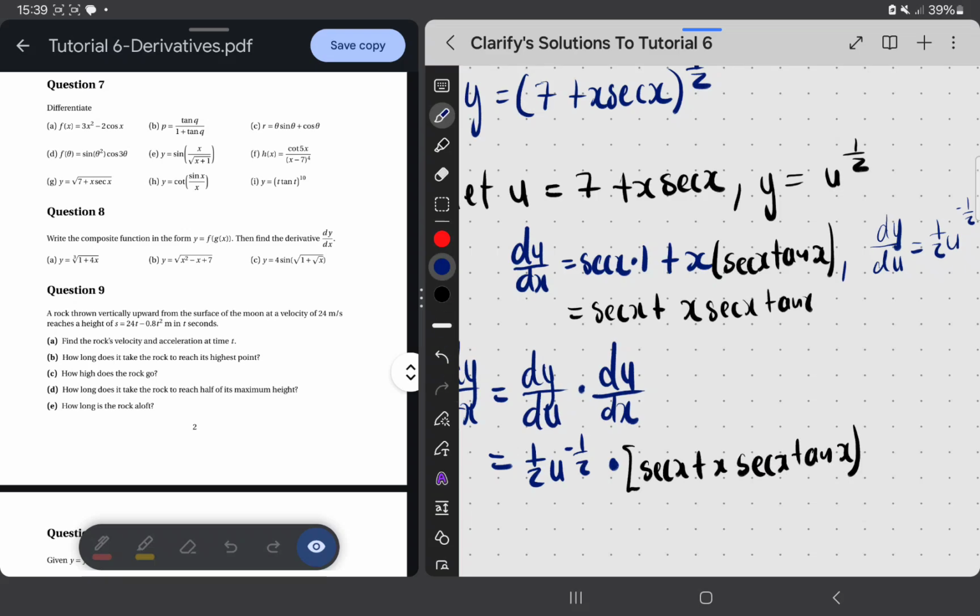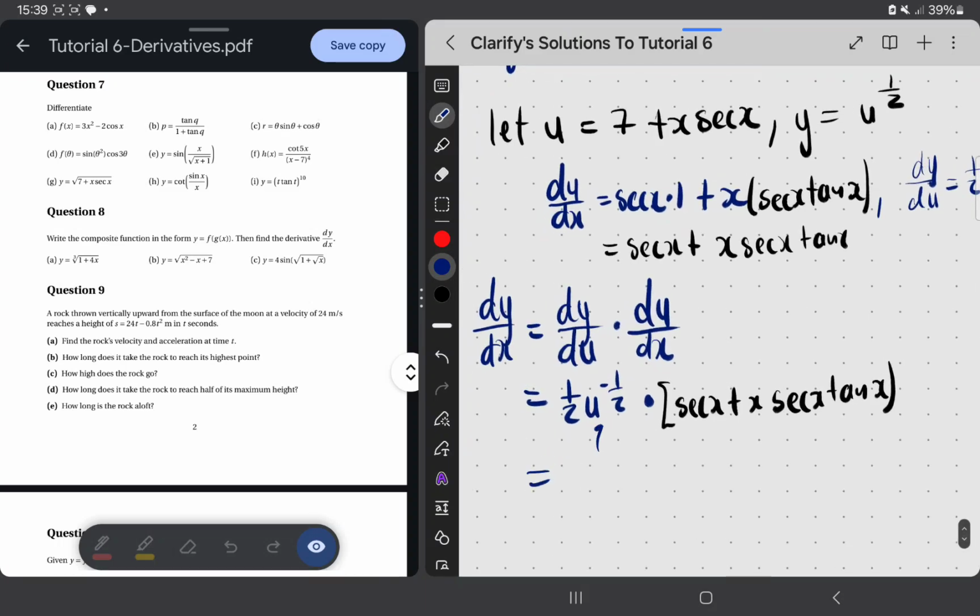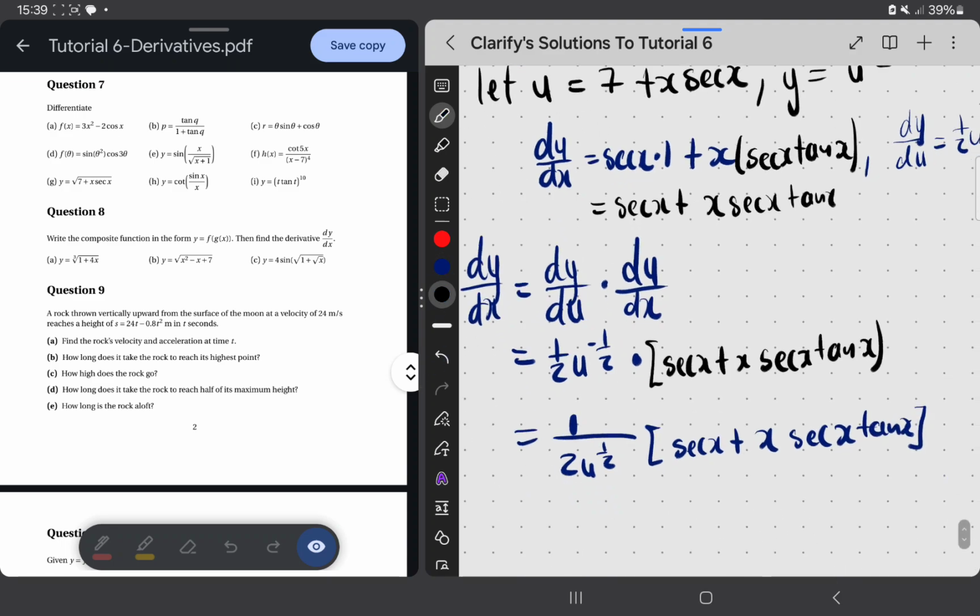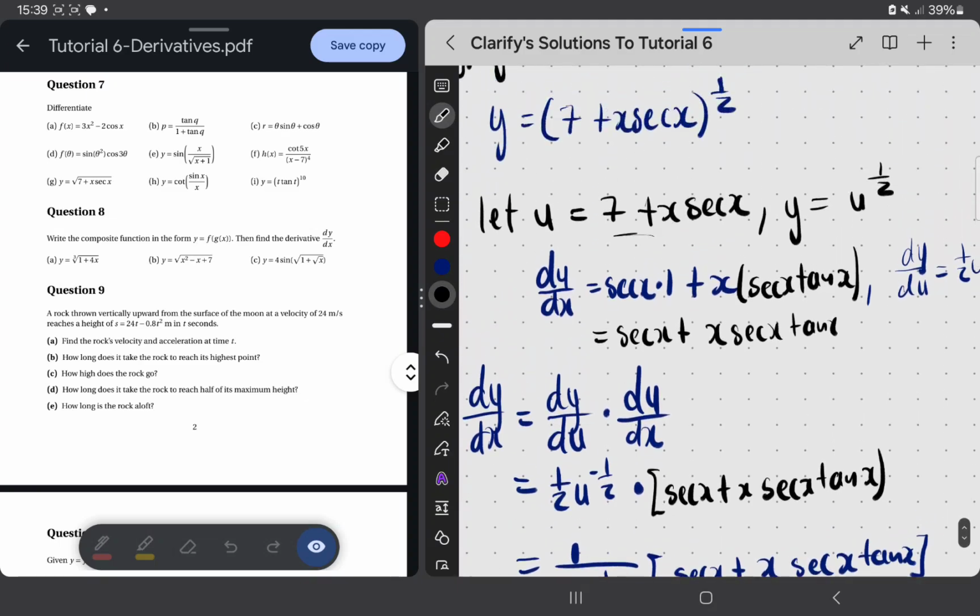Now what do we have? We saw that a negative power can just be put in the denominator. So 1 over 2u to the half, multiplying sec x plus x sec x tan x. All right, now u to the power of half is root. What is u even? It's this guy.